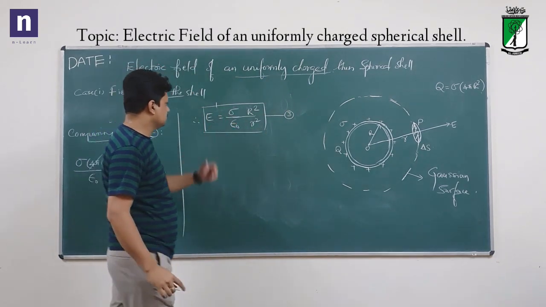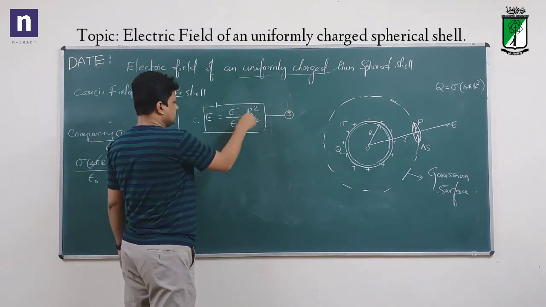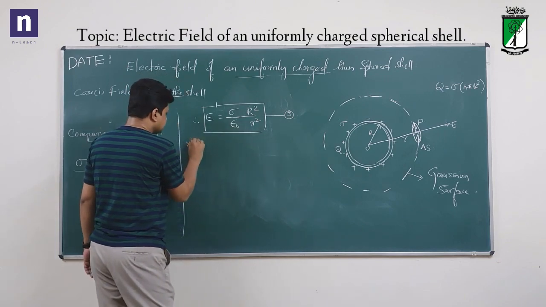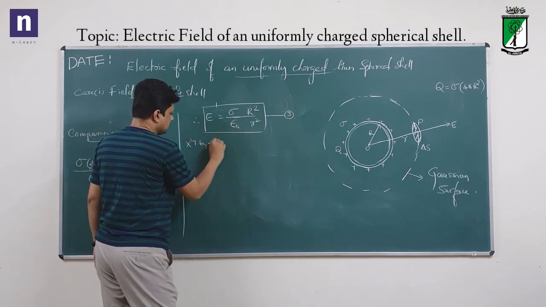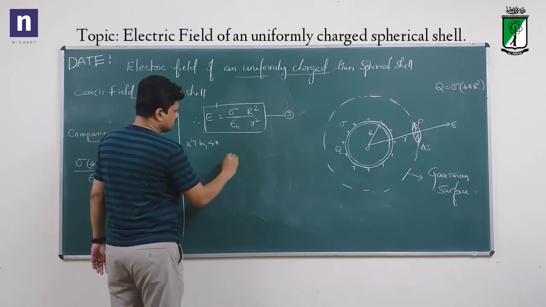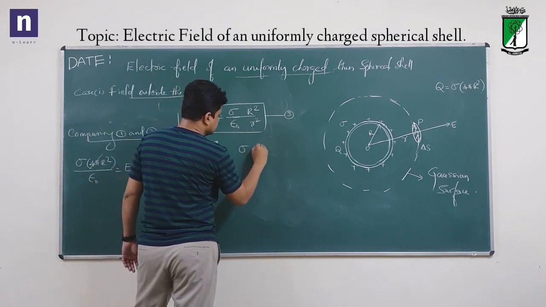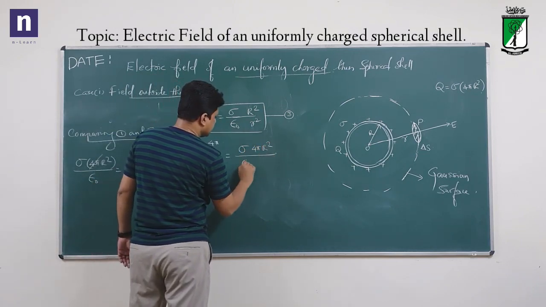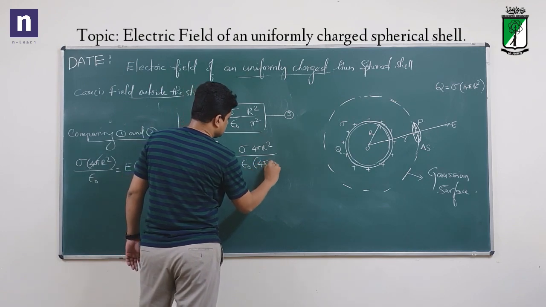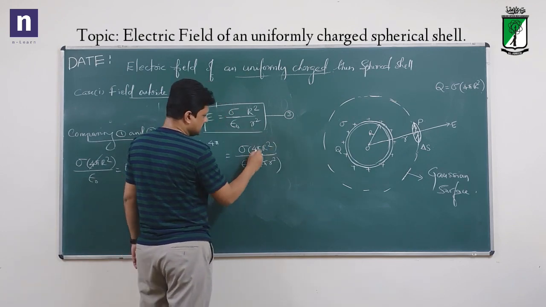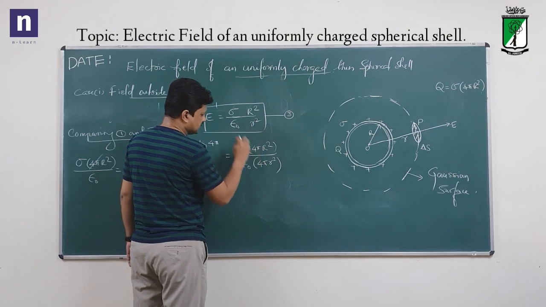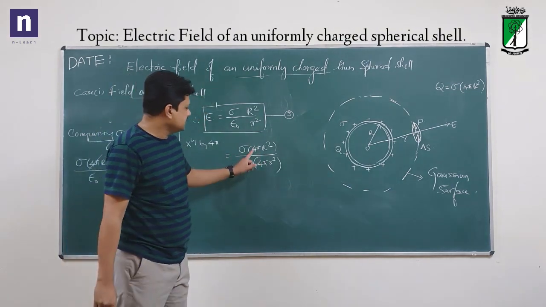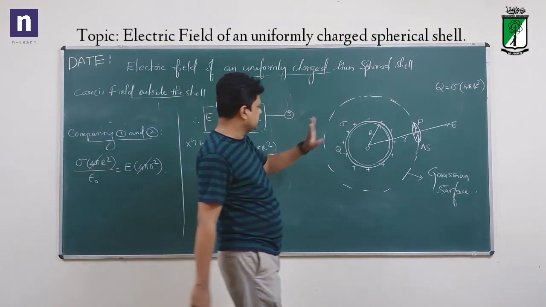But of course, if you multiply by 4 pi in the numerator and denominator, you will find sigma into 4 pi r square by epsilon naught into 4 pi r square. Let us not cancel 4 pi again, just multiply. So 4 pi r square is by definition what?